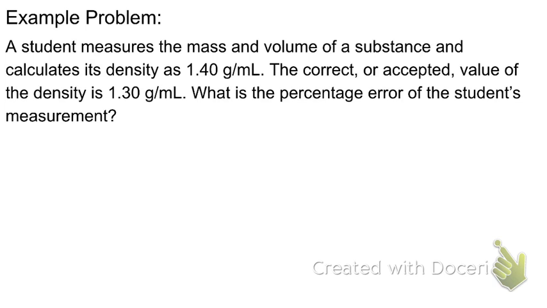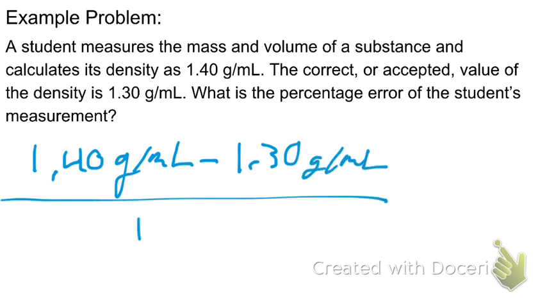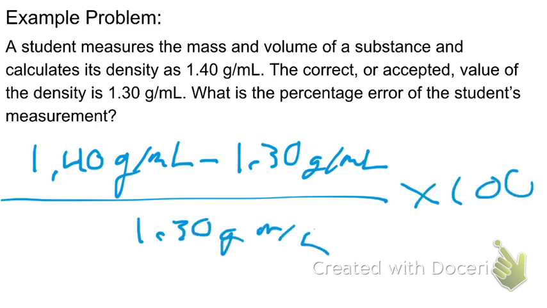To set up this problem, we're going to use our equation: 1.40 grams per milliliter minus 1.30 grams per milliliter, divided by 1.30 grams per milliliter, and then times 100.